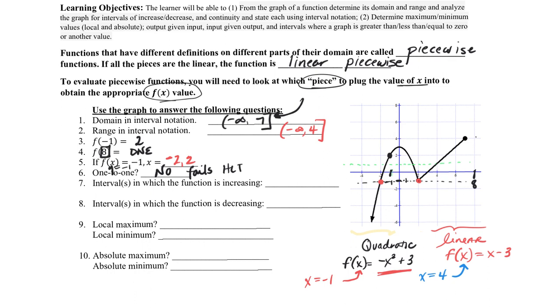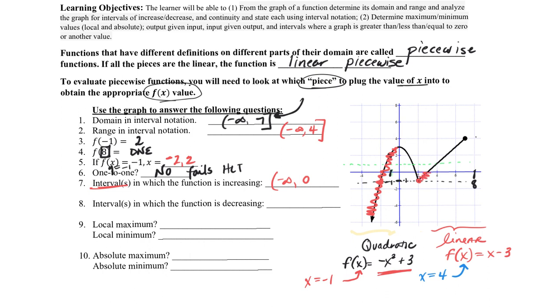Okay, number 7, intervals where it is increasing. So remember, think about that as a roller coaster. We read a graph from left to right, just like we read a book from left to right. So I'm looking for where the graph is increasing. So the interval where it's increasing, that's a subset of the domain. So that would be from -infinity to 0.